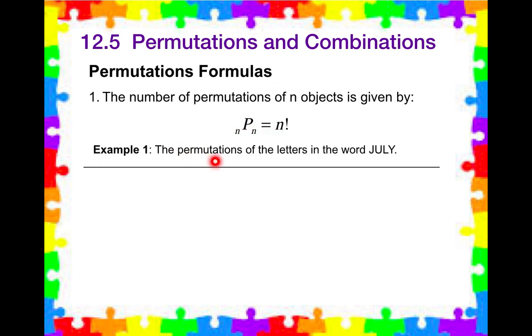So the permutations of the letters of the word July are going to be 4 factorial because there's 4 letters. So that's going to equal 4 times 3 times 2 times 1, which is equal to 24.